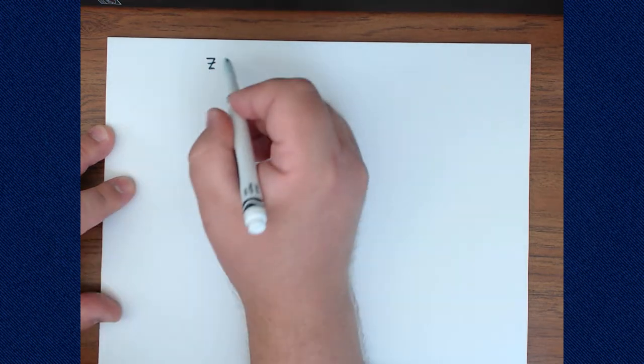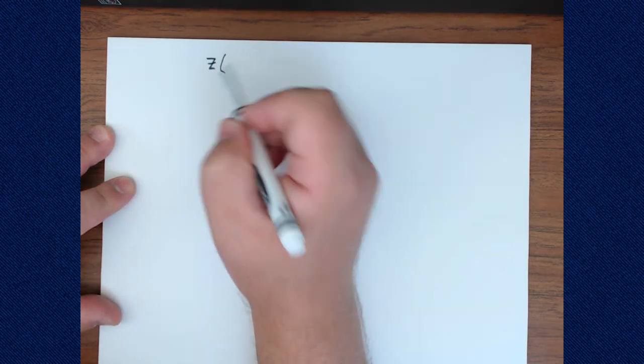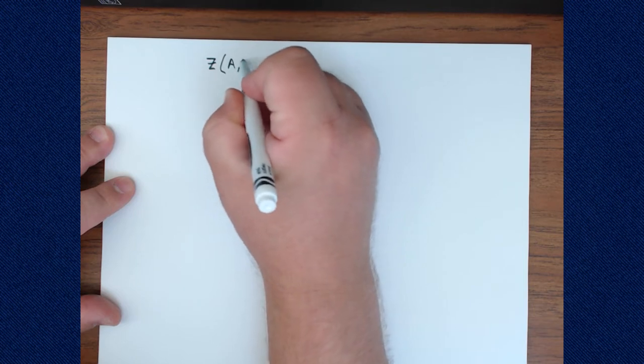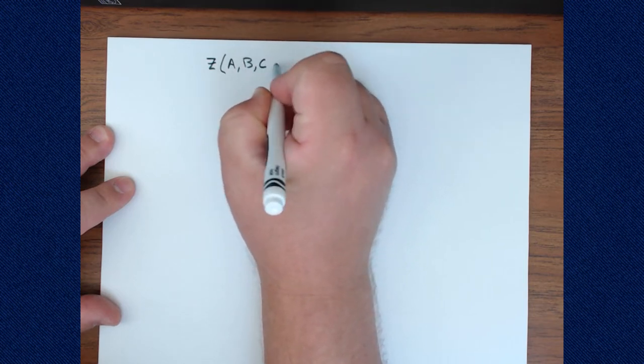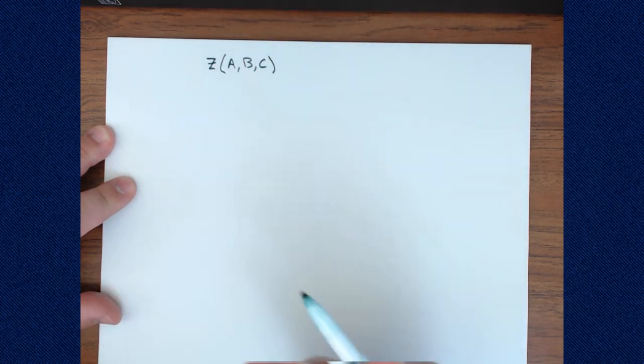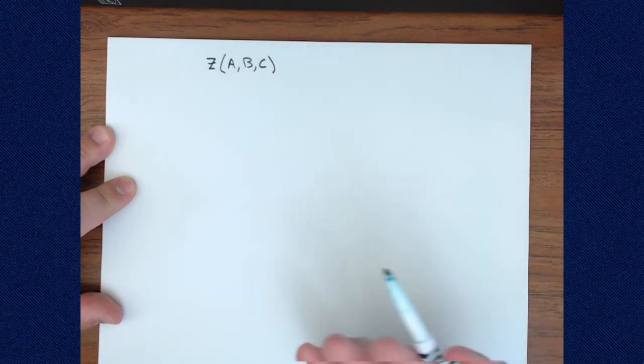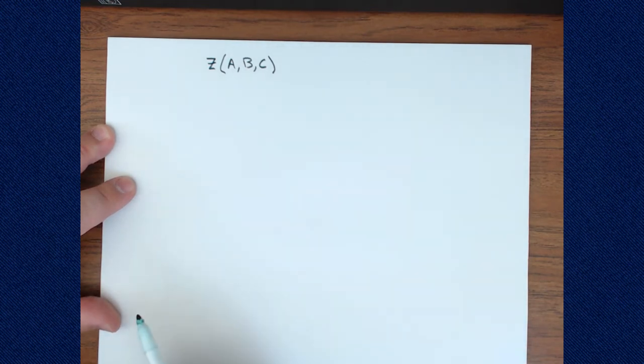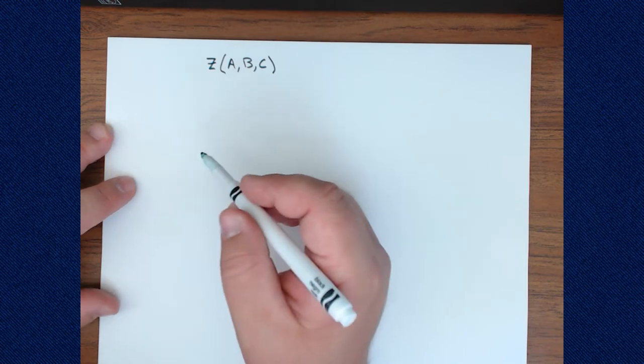This time I'm going to start with the expression itself. So let's say z is a function of a, b, and c. So we've got 3 inputs, which means we'll have 8, which is 2 to the third, 8 min-term rows in the truth table.